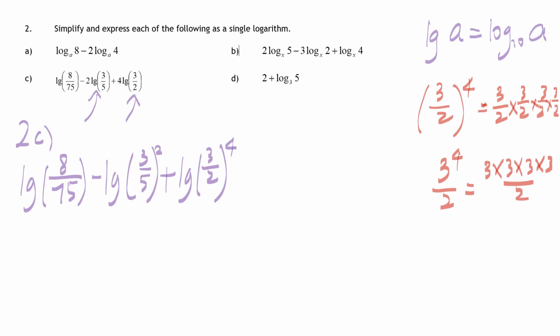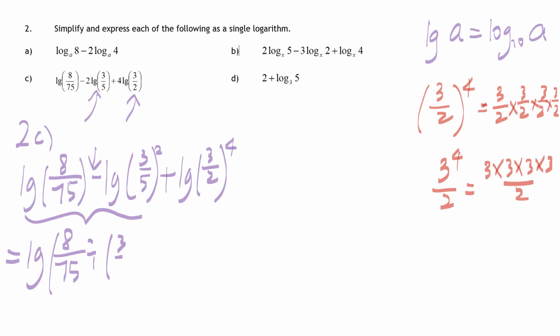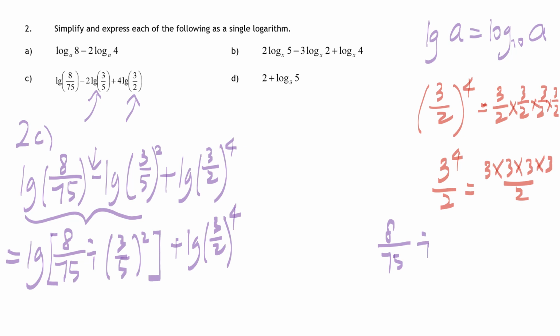Okay, so let's continue. Here we can apply the quotient law because the operation here is a negative. So they're all log to base 10, same log, same base. So this will be divided by bracket 3/5 and then the square bracket. You can use the calculator to work this out. If you want to use mental calculations, then it will be 8 over 75, then divide by 3 squared will be 9, 5 squared will be 25.